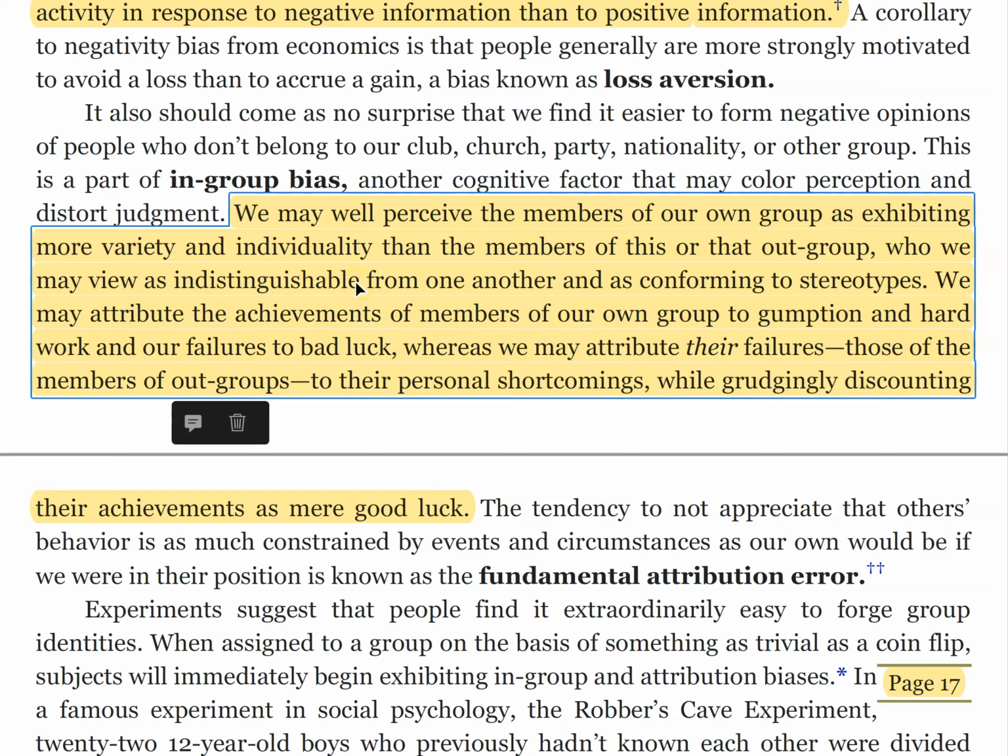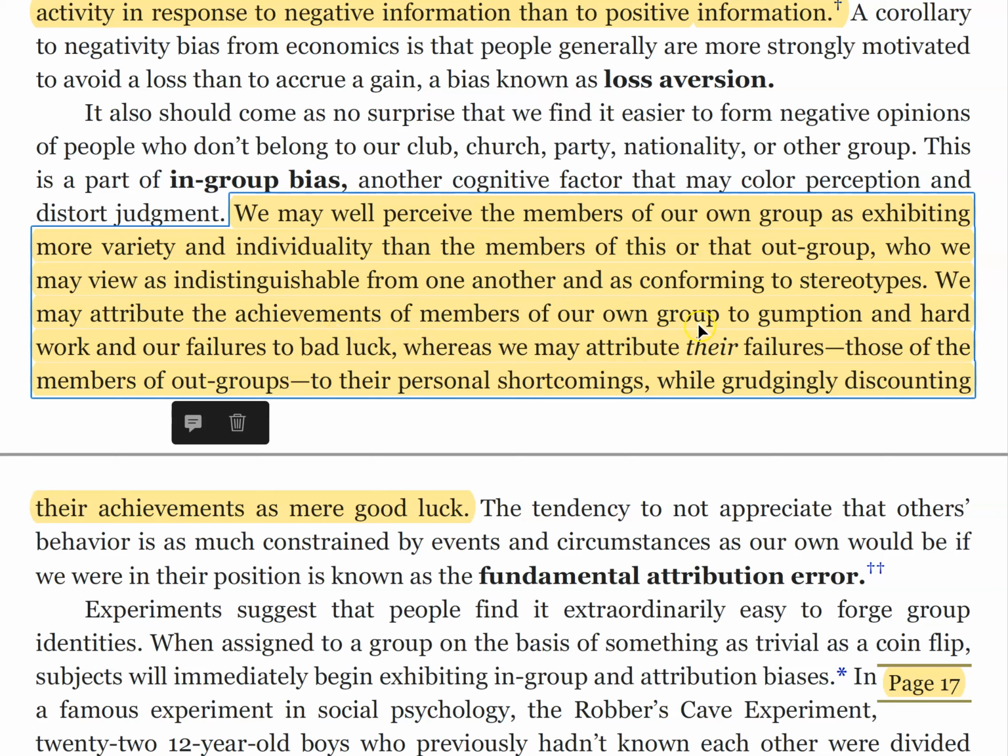They're all guilty of the same thing, and they all conform to the stereotype. Whereas our group, like our friends, our family, our members of our political party, we can detect all the nuance, variety, individuality in that group, because we're more familiar with it. But what's important to recognize is what we then do with that, right?